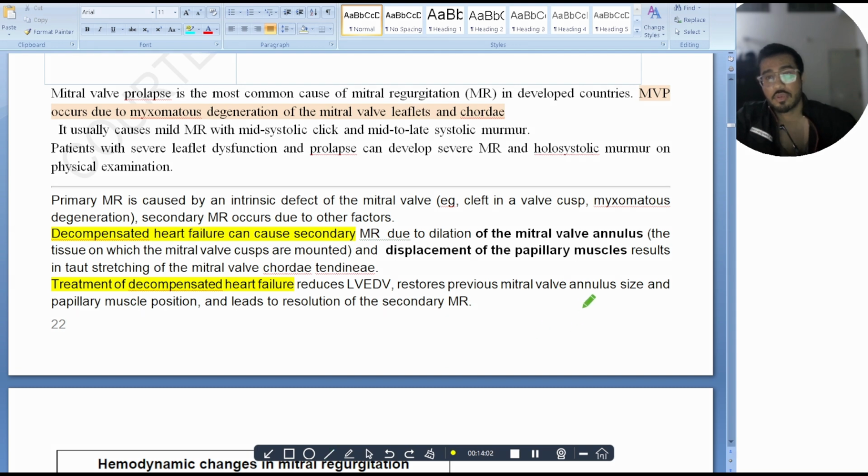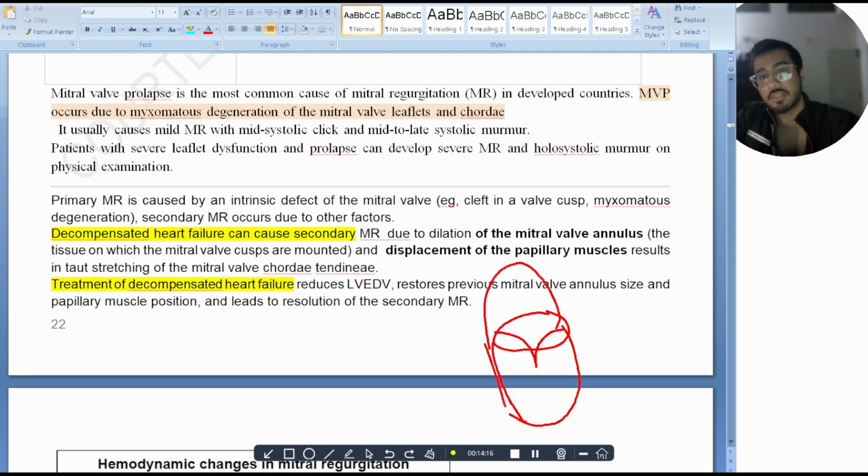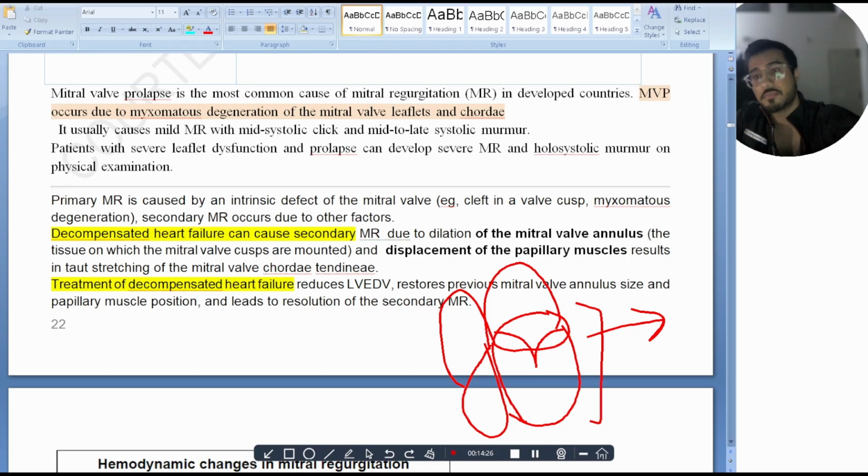I'll draw it here for you guys as well. So if you visualize that this is the mitral valve annulus and these are the mitral valve cusps, and this is the left ventricle, this is the right atrium, this is the right ventricle, and this is the left atrium. When there's decompensation, the structure of the left ventricle becomes like this, and there's a marked dilation of the mitral valve annulus where the mitral valve cusps are held in place.